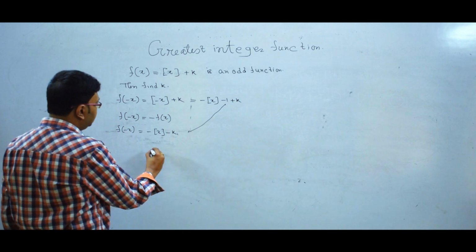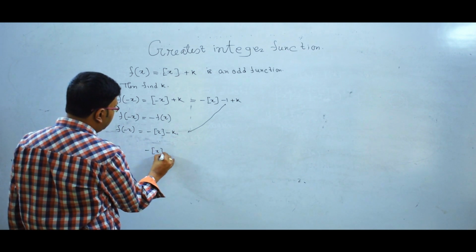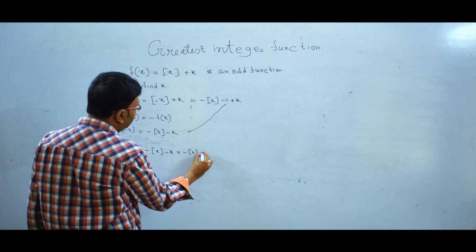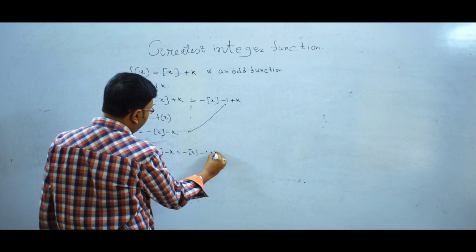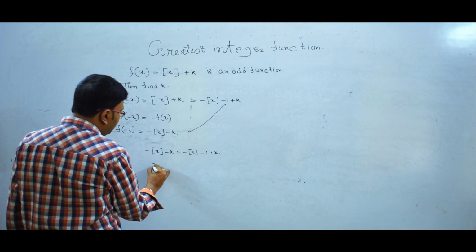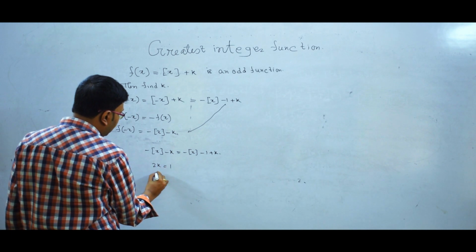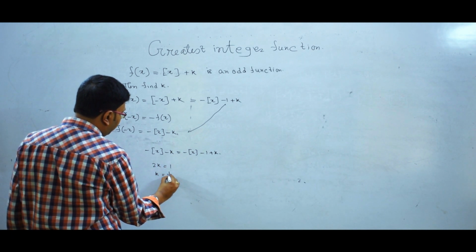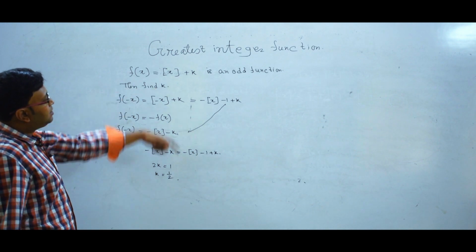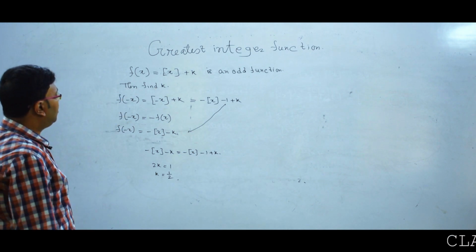Now, -{x} - k equals -{x} - 1 + k. Hence, we will get 2k equal to 1 and k equal to half. So for k equal to half, {x} + k becomes an odd function.